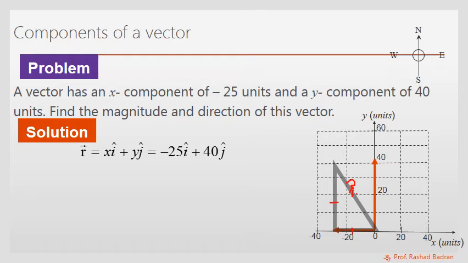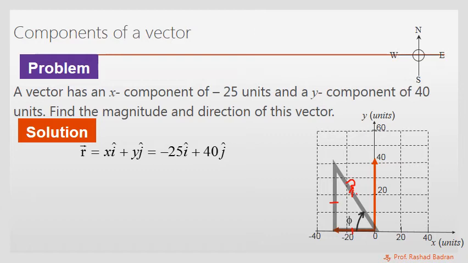Now we'll choose an angle phi, here drawn in a clockwise direction. It may refer to the direction of the vector with respect to the negative x-axis in a clockwise direction.